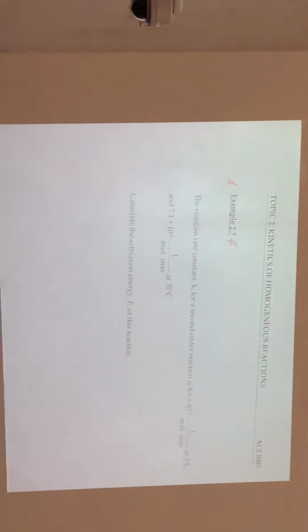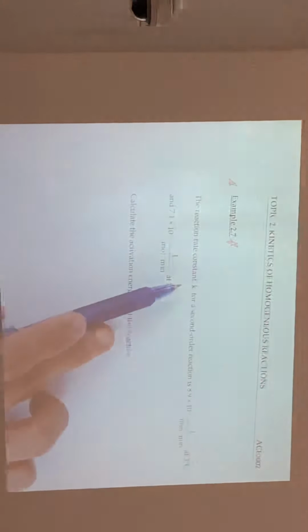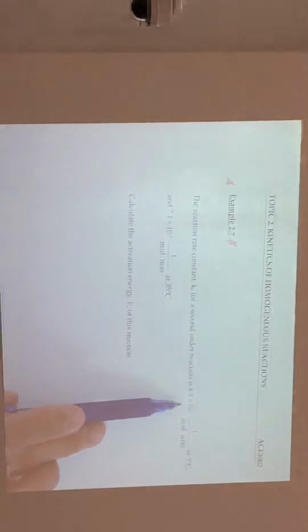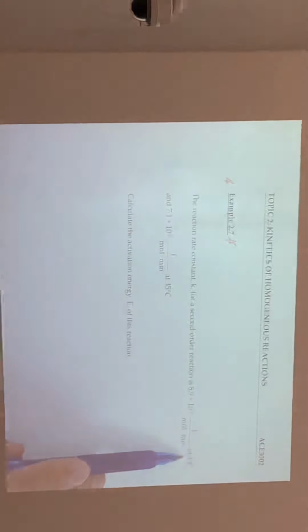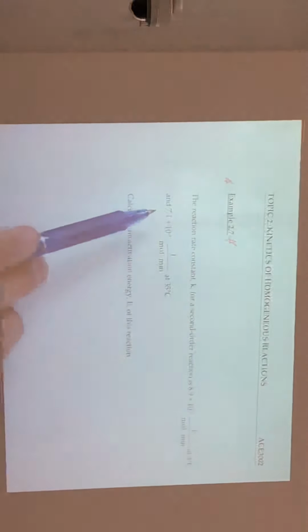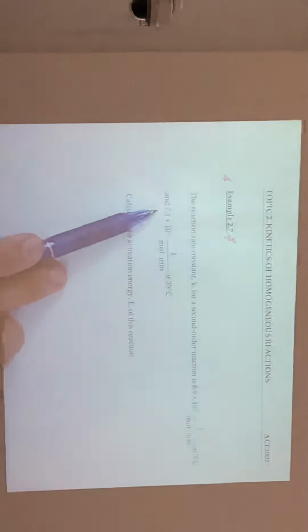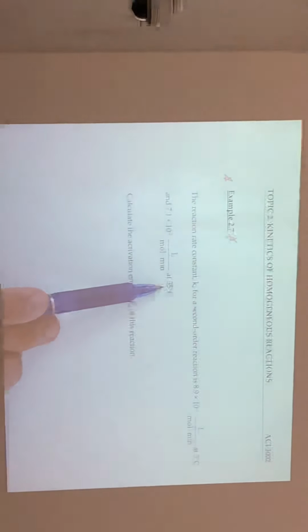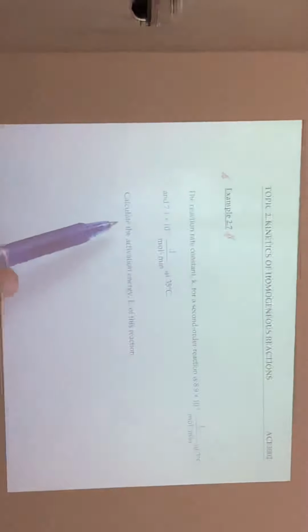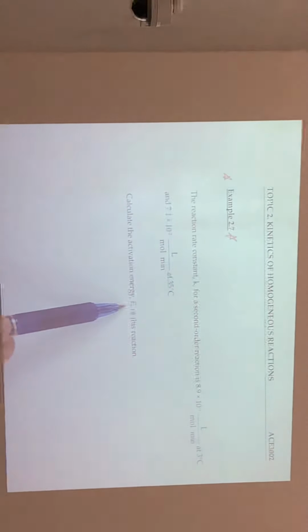Okay, look at this question. What we have here is the reaction rate constant K for a second order reaction. You see, K for the second order reaction is this much at 3 degrees Celsius, and another K at this temperature. So now you can see that there are two different K values, and you have to calculate the activation energy of this reaction.